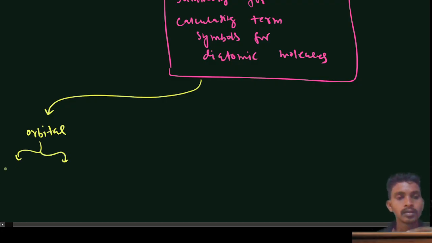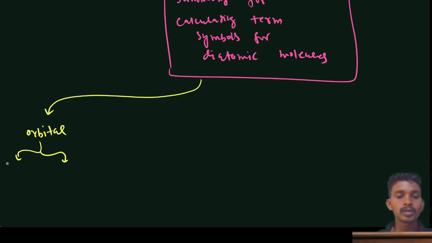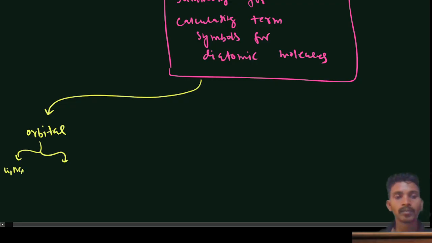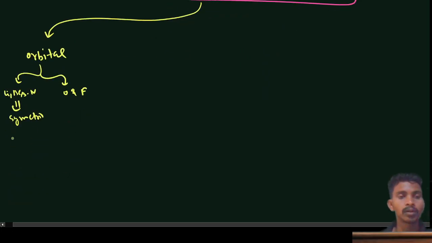From hydrogen to helium, although there are no p orbitals. So wherever p orbital is there, I will write lithium, beryllium, boron up to nitrogen. Okay, here only oxygen and chlorine. Okay, here are symmetric orbitals, symmetric from center.